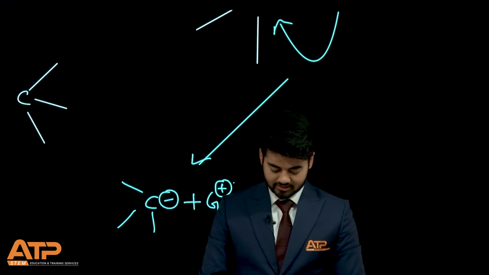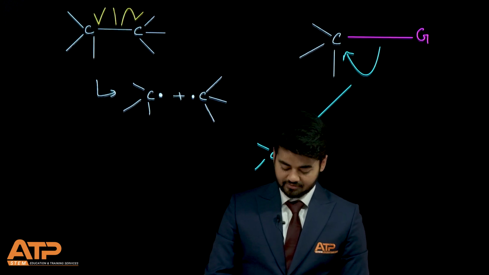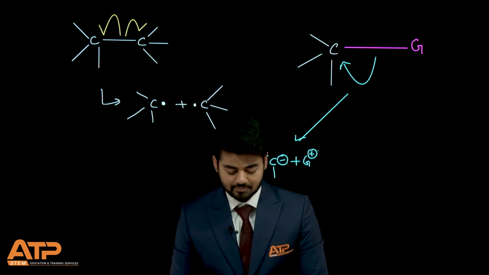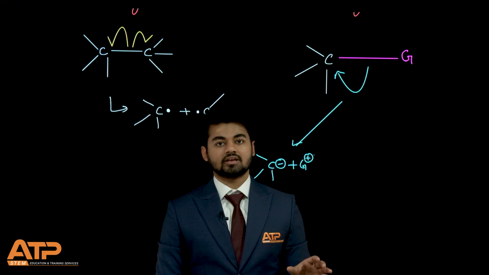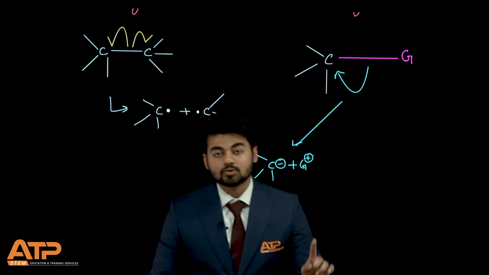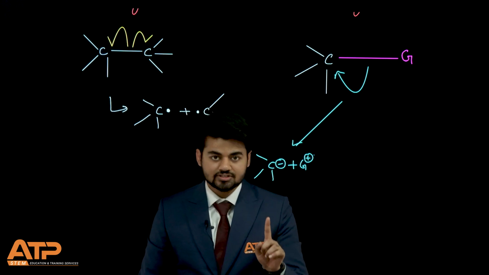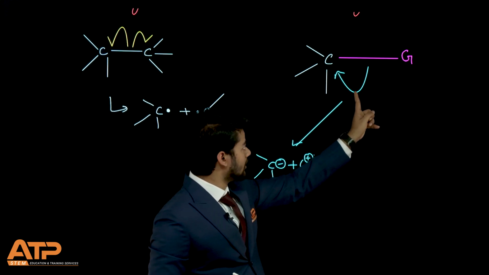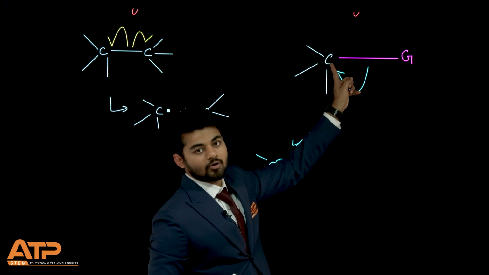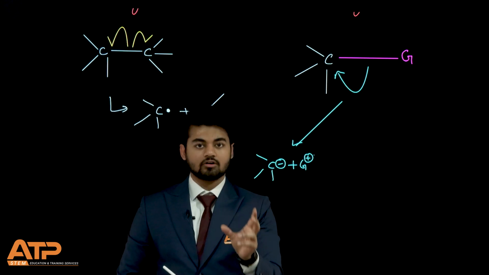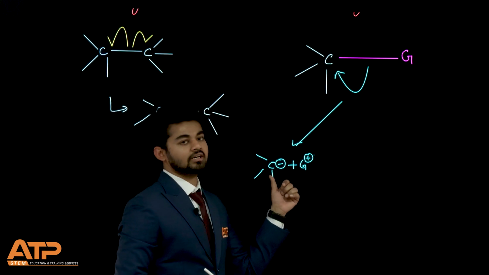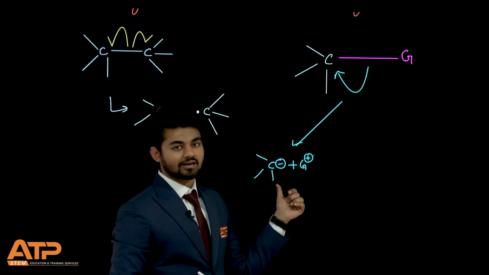The species formed here are a carbanion and G plus. Why G plus and carbon minus? Because carbon took both the electrons, and you can see the arrow starts from the bond and ends on carbon. That simply means the pair of electrons got transferred to carbon. Hence, it got a negative charge. This negatively charged carbon is called a carbanion.